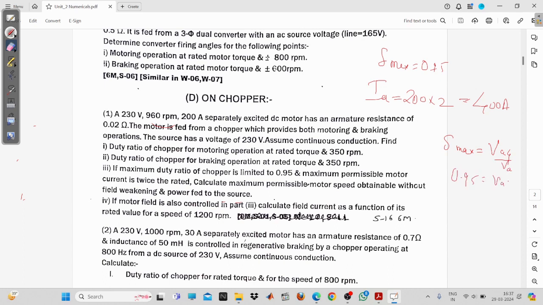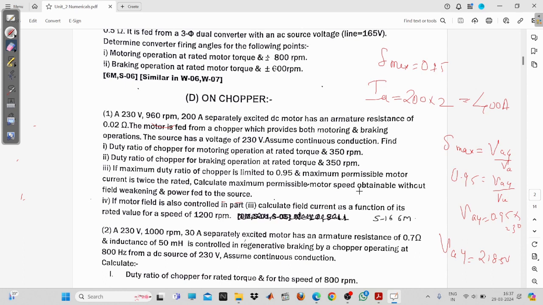Now VA4 will be equal to 0.95 into 230, because VA is the rated terminal voltage. So VA4 is 218.5.